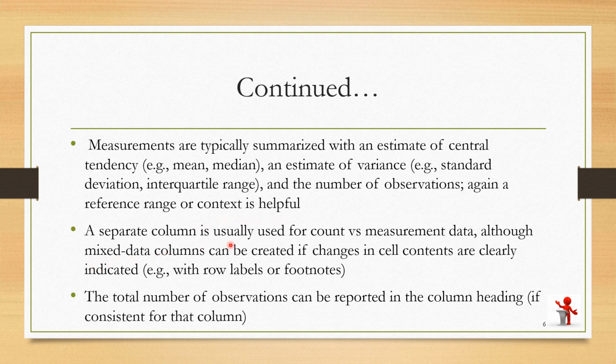A separate column is usually used for count versus measurements data, although mixed data columns can be created if changes in cell contents are clearly indicated, such as with row labels or footnotes. The total number of observations can be reported in the column heading if consistent for that column.